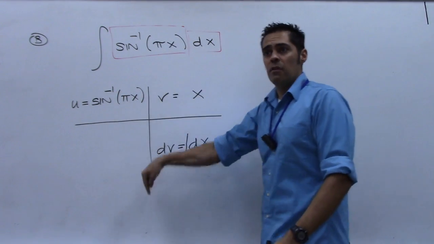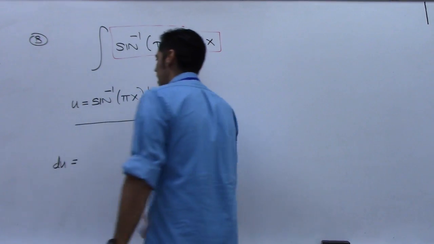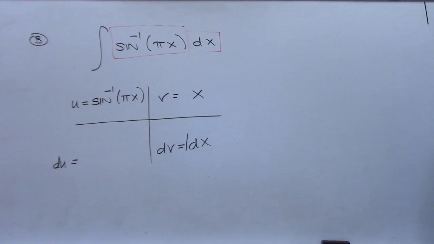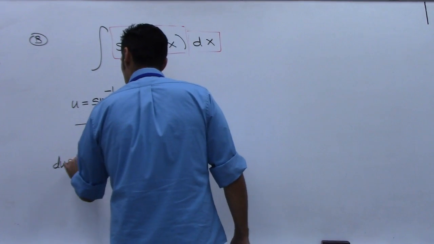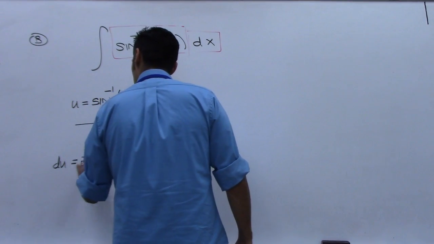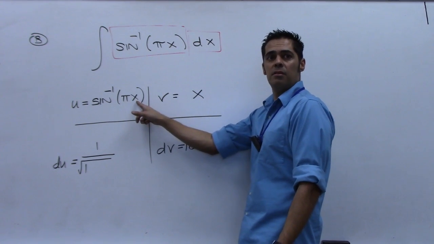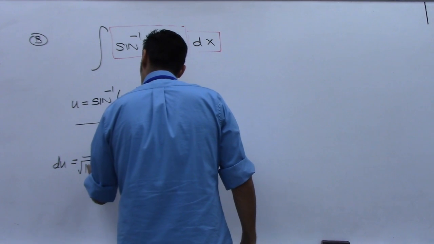And now you have to differentiate to go down to du. Can you differentiate the arc sine of pi x? Yes. 1 over square root of 1 minus x squared, but in our case, pi x squared. So I'll put pi x squared.